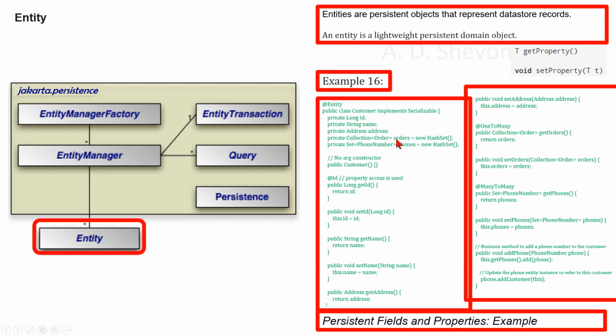Here we are considering persistent fields and properties. You can see the example here. No-arg constructor, property access is used.